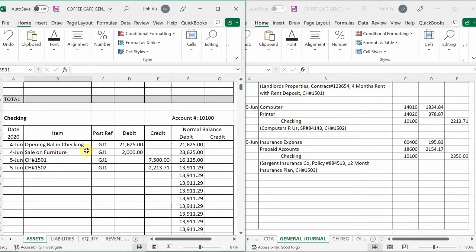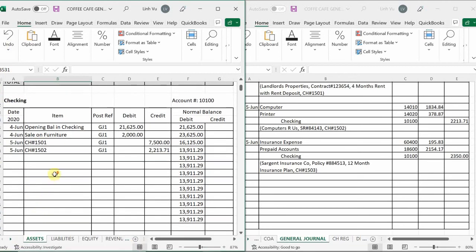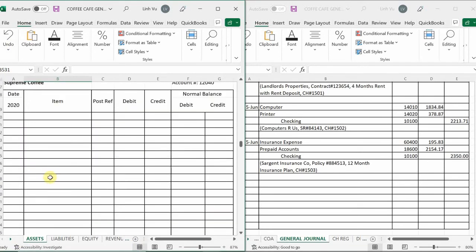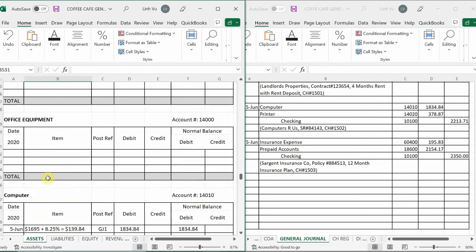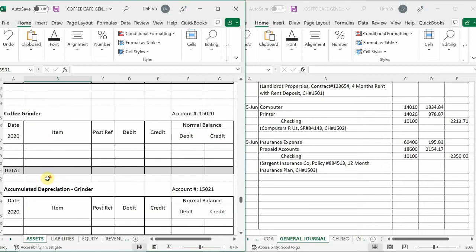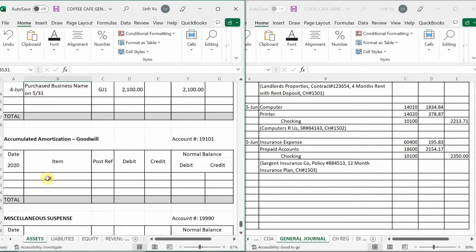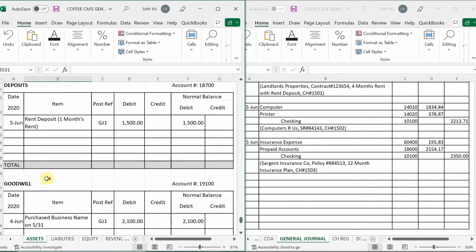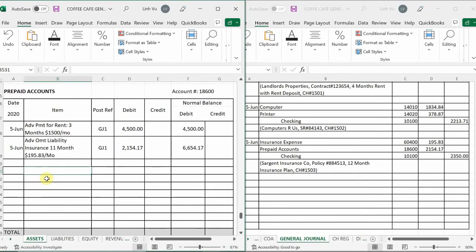Prepaid accounts. I know, but the 6,000. $6,654.17. Okay, where is that? Okay, $6,654.17 for prepaid accounts.